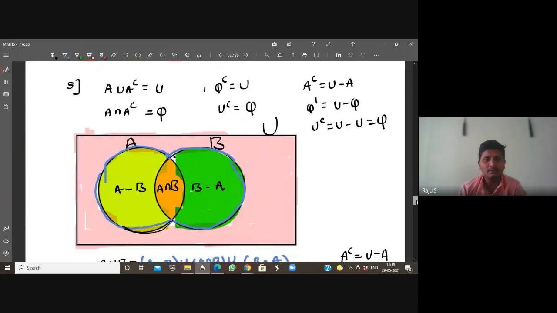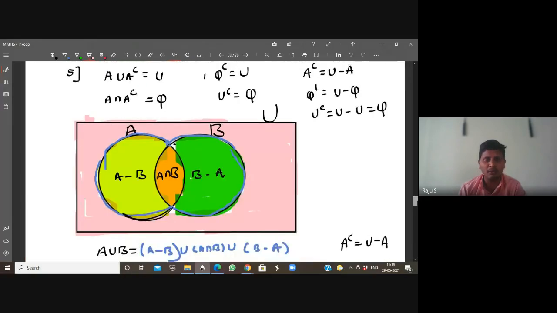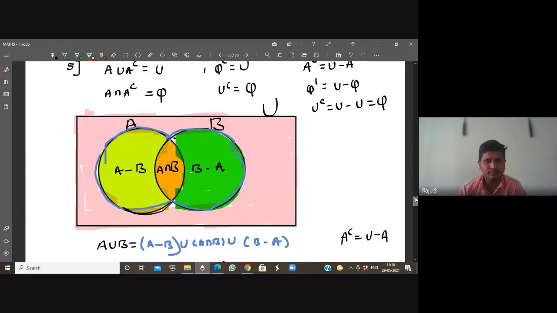Here. What is the color given by A union B whole complement? Any students? Other than this A union B region.